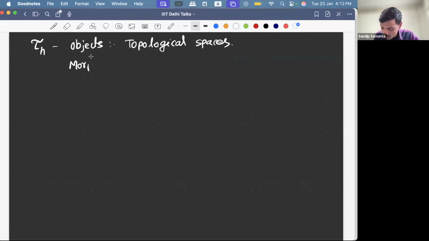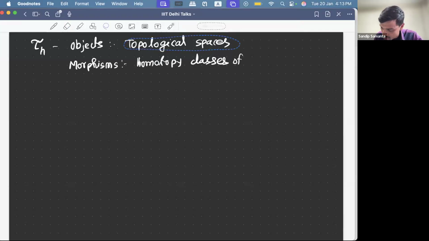Here the objects are again topological spaces, but the morphisms are homotopy classes of maps. We also want the base point as well, so we consider based topological spaces.